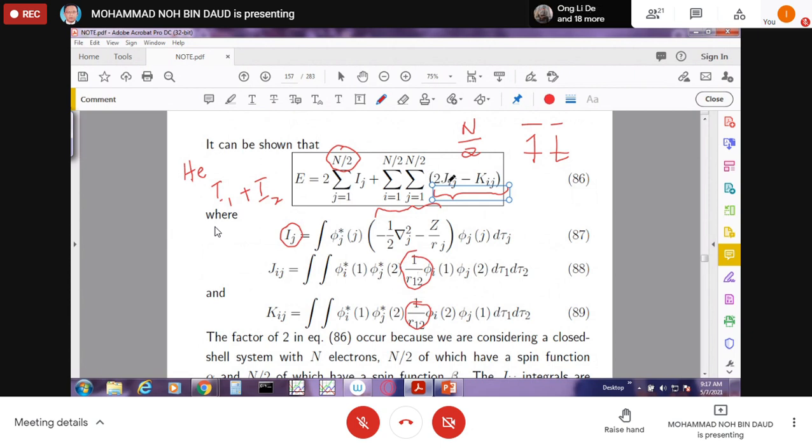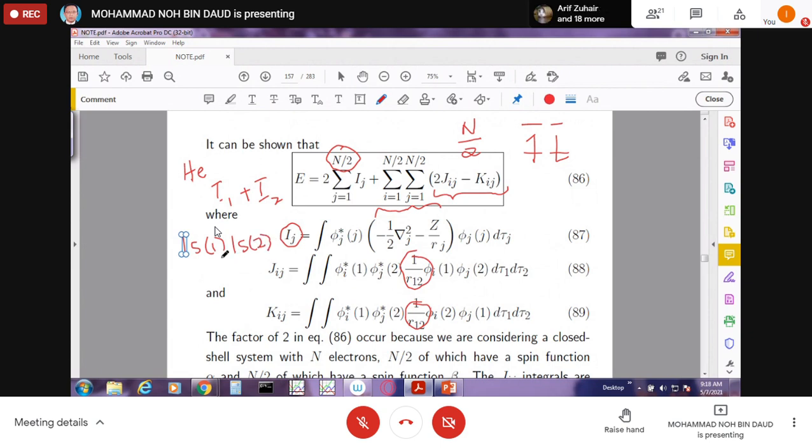So the Iij for 2 electrons in the ground state, you have seen this: electron 1 in 1s, the correct zero order wave function.